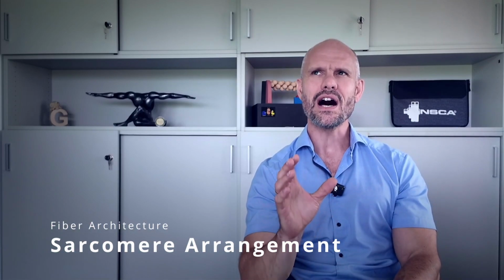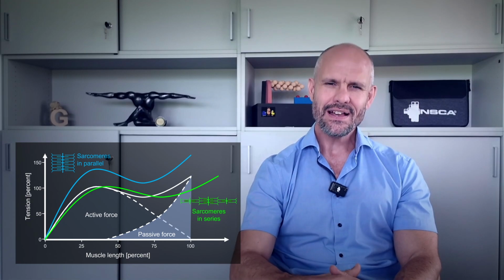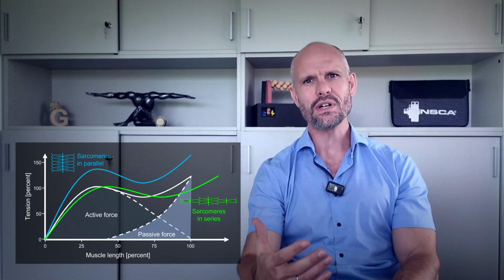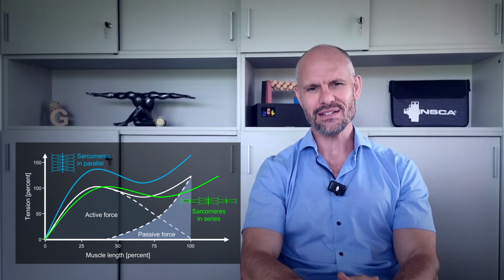Let's take a step back. How sarcomeres are arranged inside a muscle defines its mechanical performance. The more sarcomeres a muscle has in series, the greater the total shortening distance, range of motion, and contraction speed.